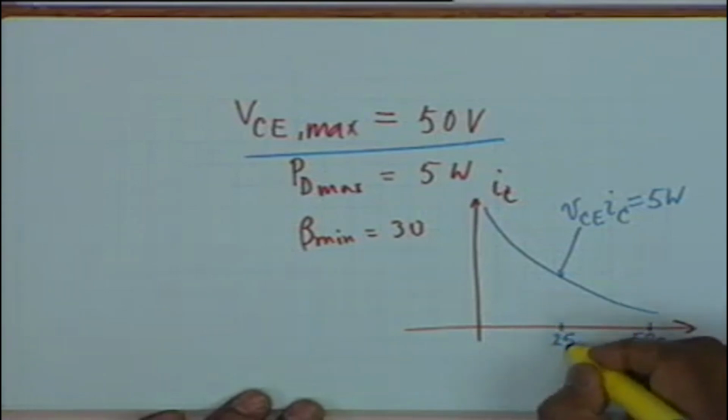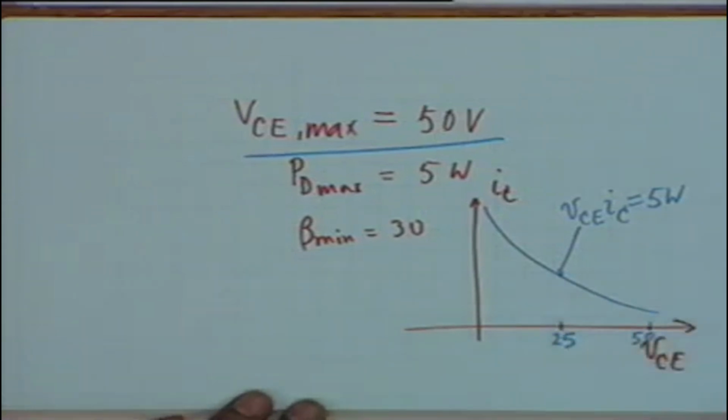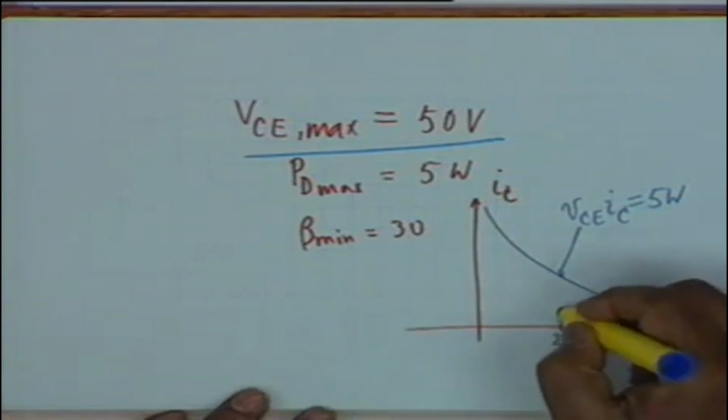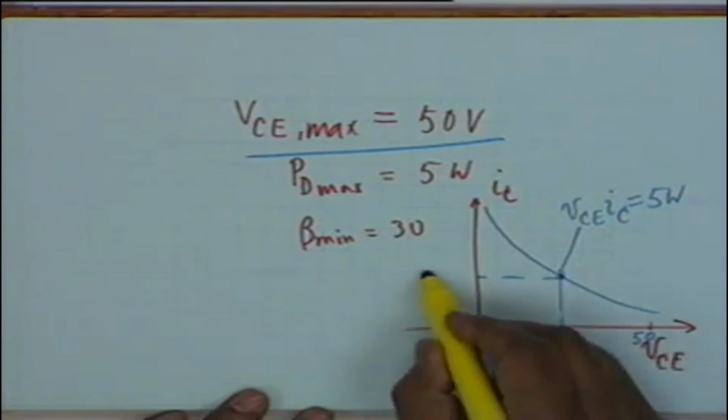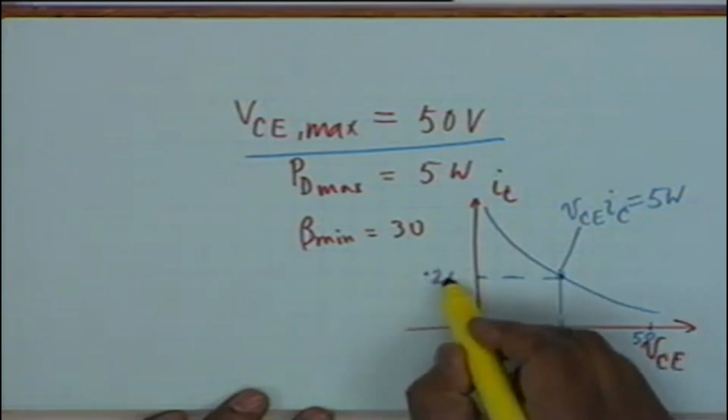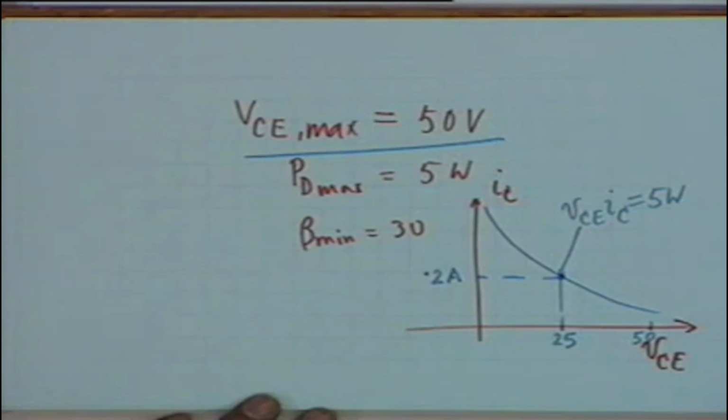So you mark the 25 volt point, and you know that for maximum power output your Q point must be on the PD max hyperbola, and therefore you go up and see where it meets. Obviously the current here shall be 0.2 amperes, and therefore your Q point is now determined, 25 volt and 0.2 amperes.